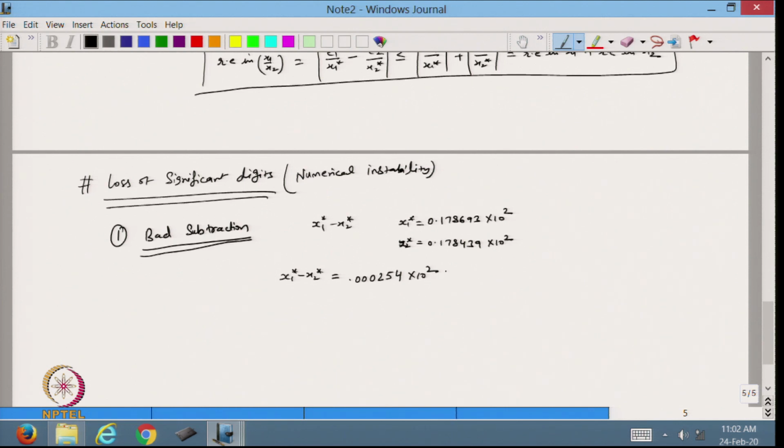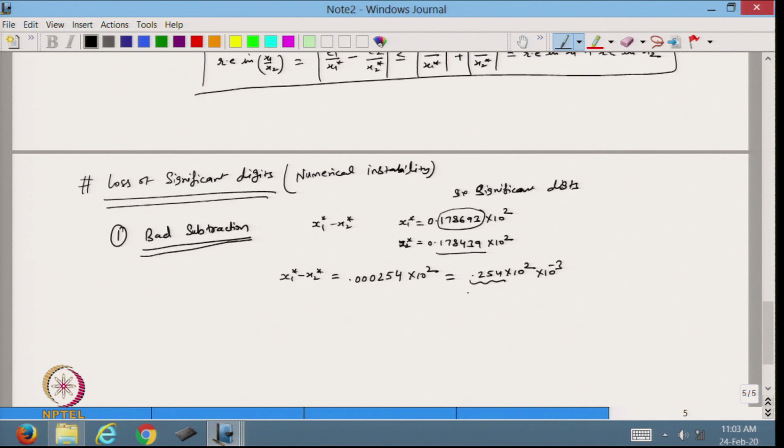In these numbers I have 6 significant digits. In this one also we have 6 significant digits, but I can write this number as 0.254 into 10 raised to power 2 times 10 raised to power minus 3. In this case I lose significant digits.